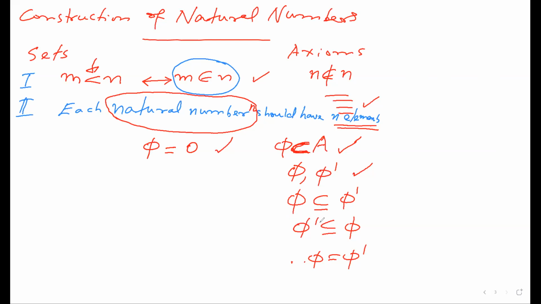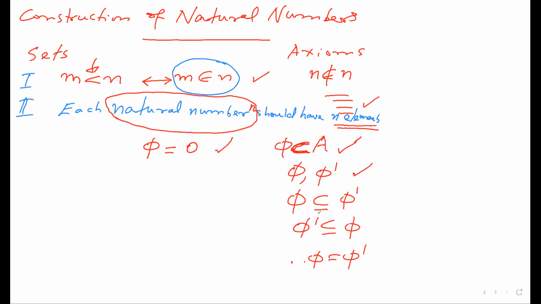Isn't it nice that there is only one empty set? That is the power of the empty set. Empty set is the only one that is unique. There are all kinds of other sets. There are an infinite number of sets containing one element. Isn't there?